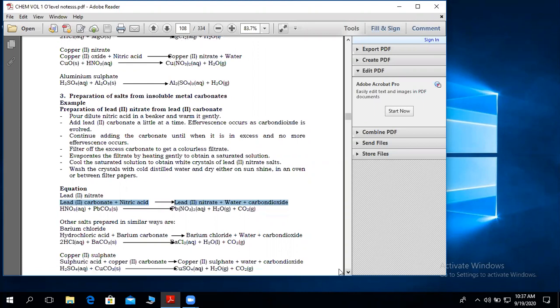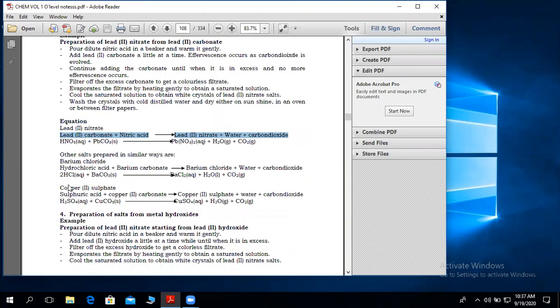Other salts, there are very many. If we are preparing copper 2 sulfate, we shall use copper 2 carbonate and sulfuric acid. If we are preparing barium chloride, we shall use barium carbonate and hydrochloric acid, like that.